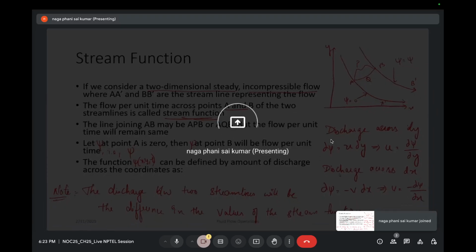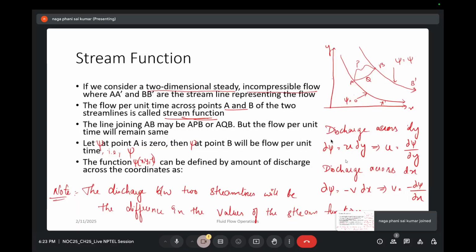I think it should be visible enough. Okay.